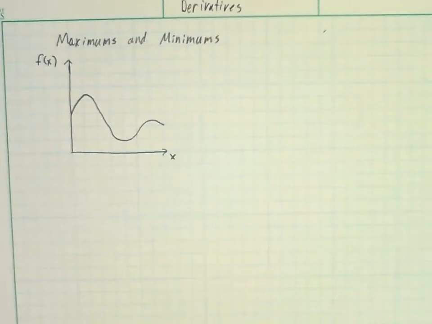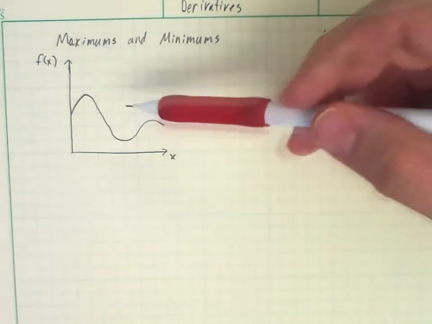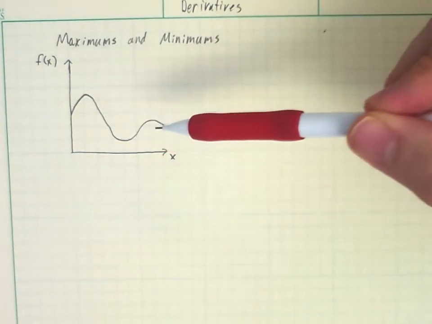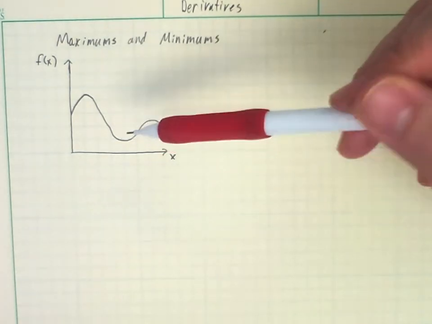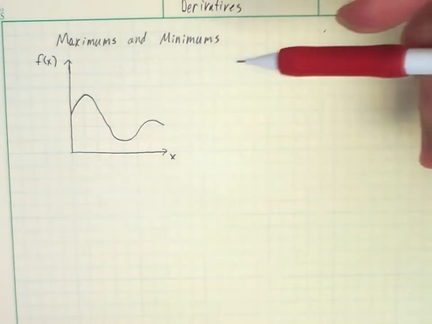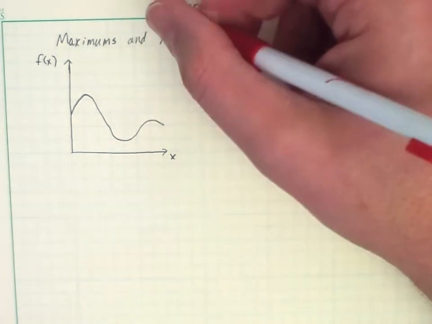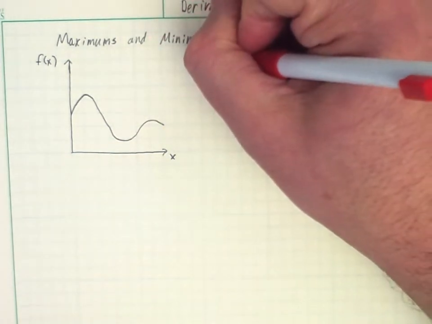Okay, so if you've worked along with this about derivatives, one of the things that has come up is this idea of maximum and minimum. And so we have just some sort of generic function here. I don't know what was used to create it. And what we want to know is, when is there a maximum or minimum?